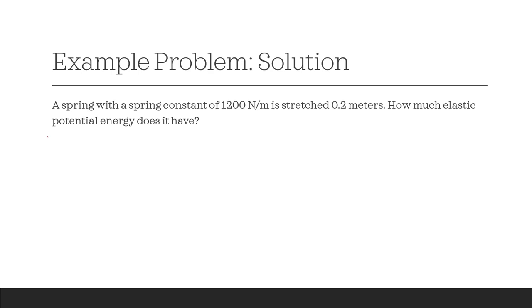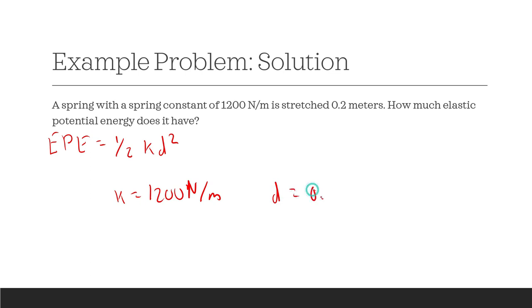All right, starting as always with our formula, we've got EPE equals 1/2 kd squared. And in this case, we've got a k of 1200 newtons per meter, and our d equals 0.2 meters.